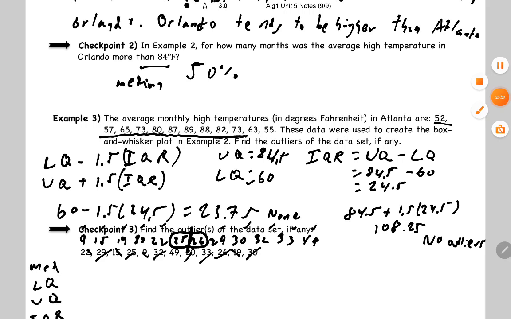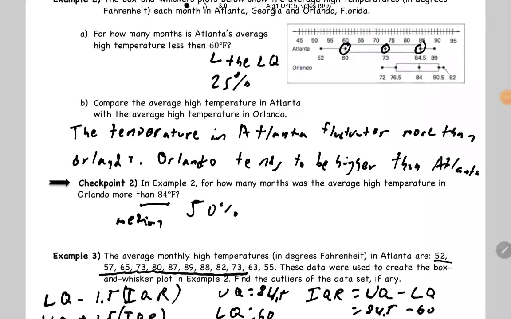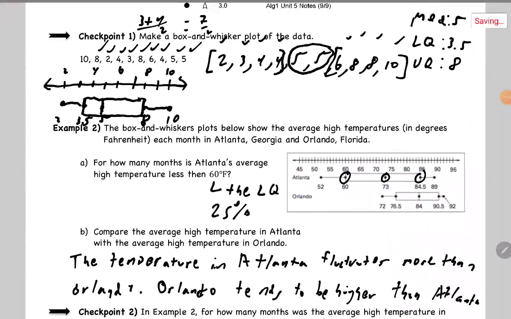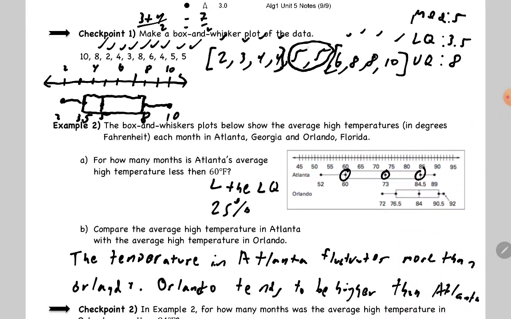One second. So I did mess up on the earlier problem. So I had 5 in the middle. There are two 5s in the middle. You take the average, so you need to put a line in between them, and that represents the lower half and the upper half.